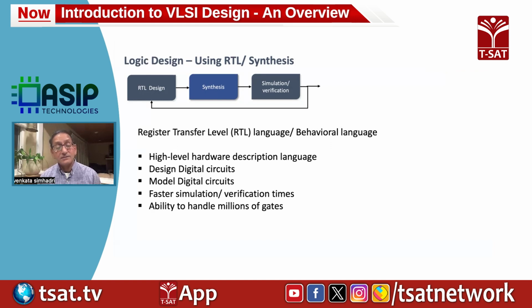So the advantages are it's much faster. The simulations are much faster than SPICE simulations, and your verification time is also much faster. And most importantly, RTL language gave us designers the ability to handle millions of gates. If you look at current generation SoCs, each SoC may have millions and millions of gates, some of them more than 100 million gates.